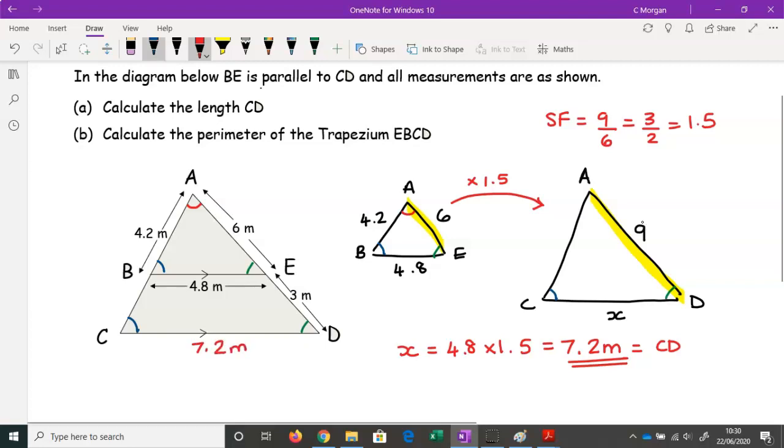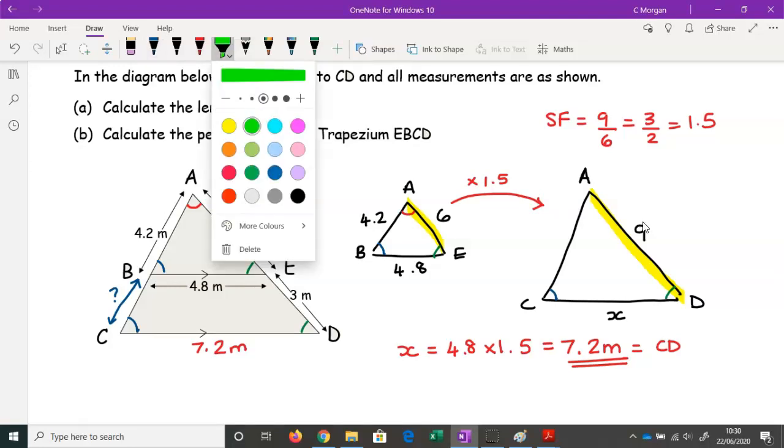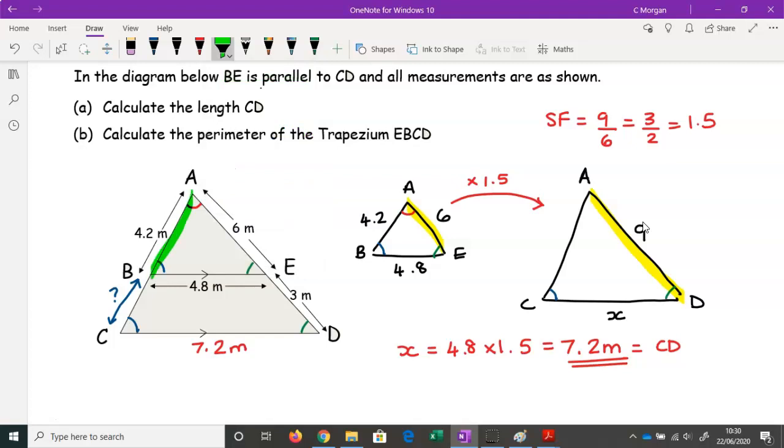But I've got one more problem, and the problem I need to work out is what length BC is going to be. Now I can't work out length BC until I've worked out the whole of length AC, which is also on my larger triangle which I've drawn above.